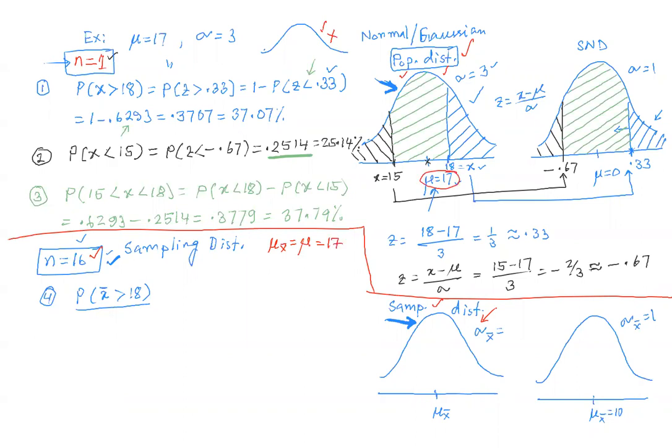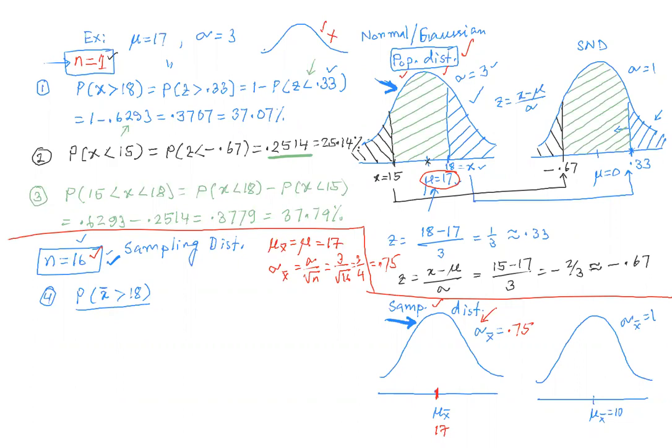So this is going to be 17, this middle point, right? And sigma sub x bar is going to be sigma over the square root of the sample size, which is 3 over the square root of 16, which is 3 over 4, that is 0.75. Okay, so sigma sub x bar is 0.75. Now you can go ahead and do the rest of the problem very easily.